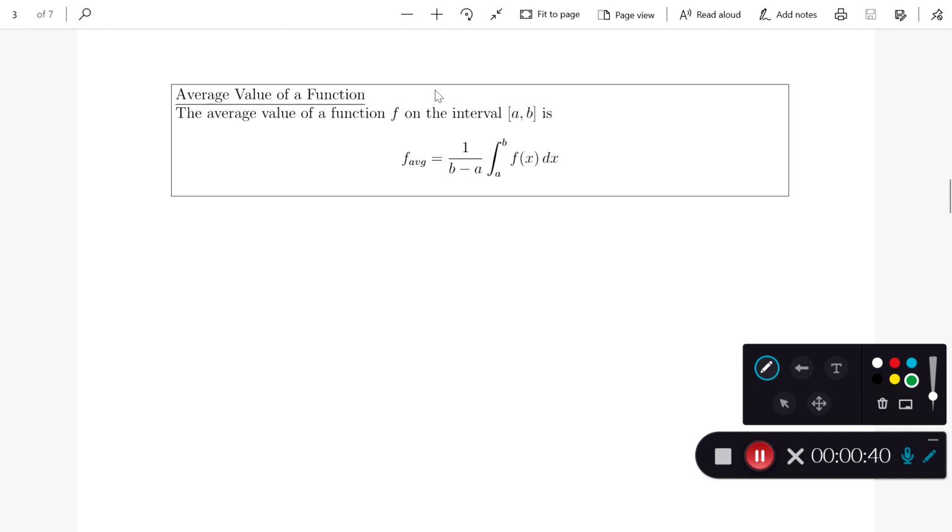So basically you need to take an integral, but you've got this extra part with the 1 over b minus a. So be sure to write down that formula because we're going to be using it a lot on the next examples.